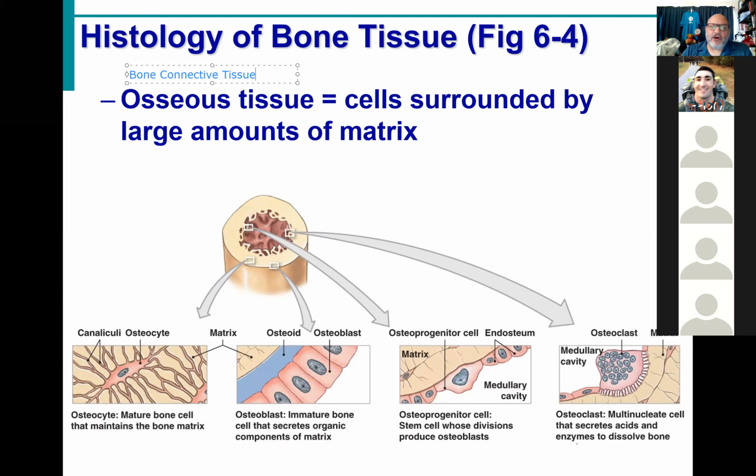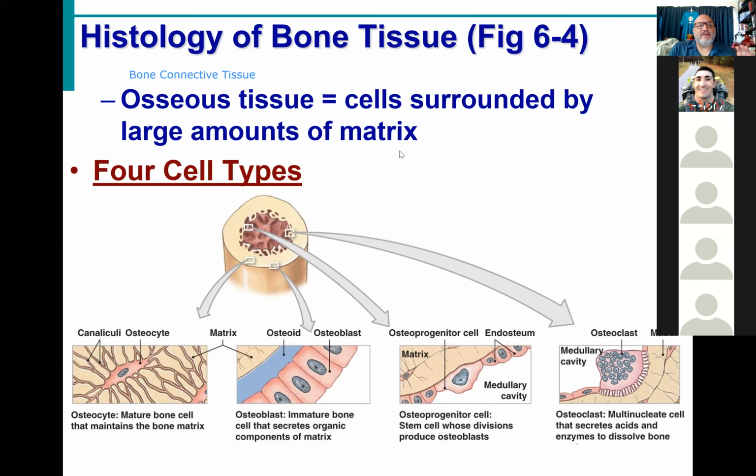Basically, like all connective tissues, we have cells, and those cells are surrounded by a large amount of matrix, right? And in our bone connective tissue, there are primarily 4 main types of cells.